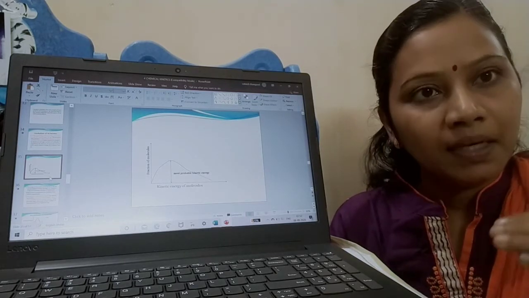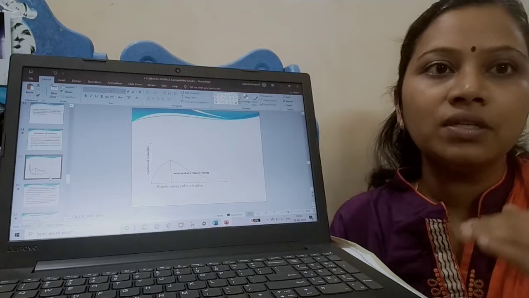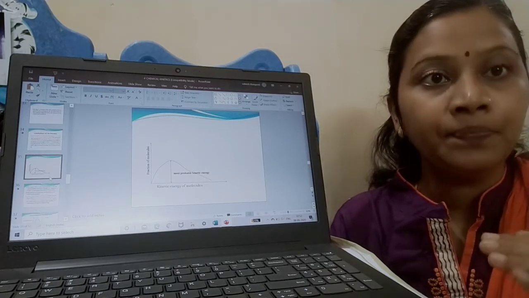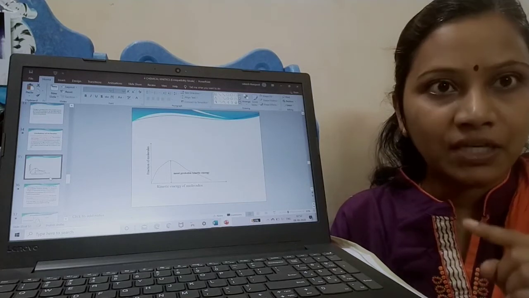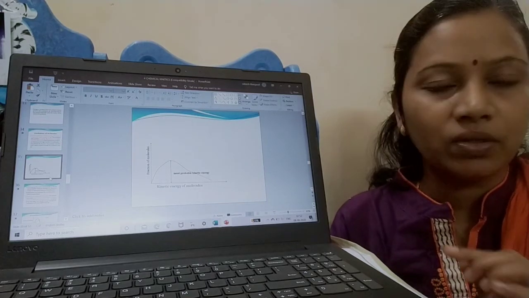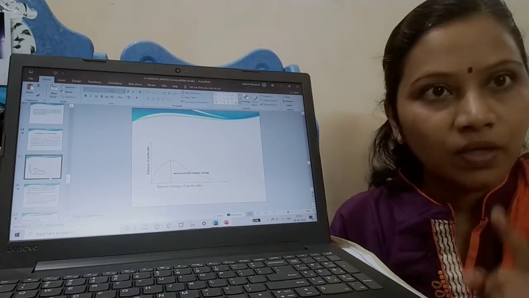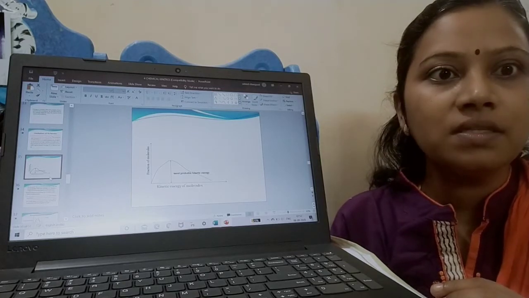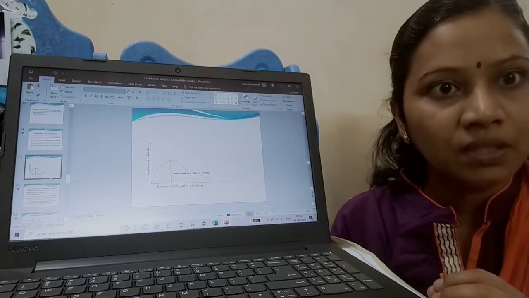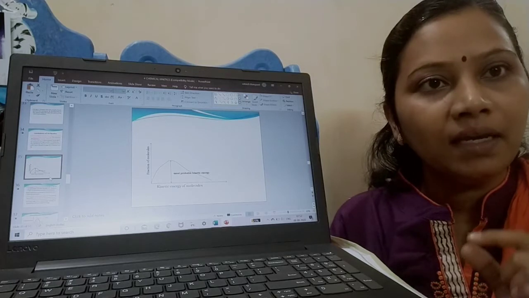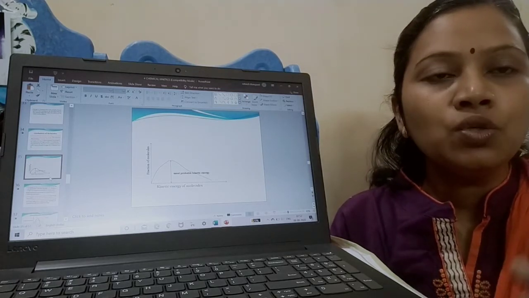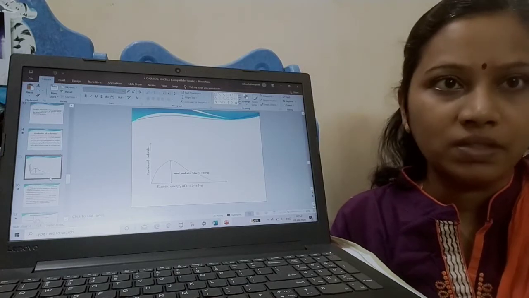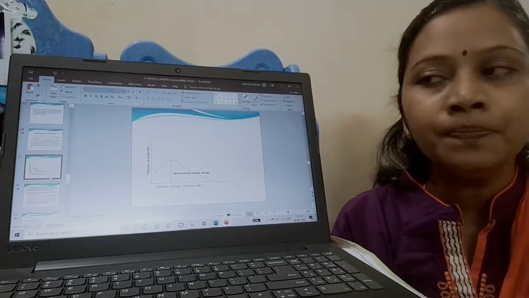When temperature increases, the reaction rate also increases. When temperature increases by 10 degrees, the reaction rate is doubled. We saw that reaction. Then we saw the half life of a reaction. What is meant by half life of a reaction? It is nothing but the time taken for the reactants to reduce to half of the initial concentration. So we saw that too.